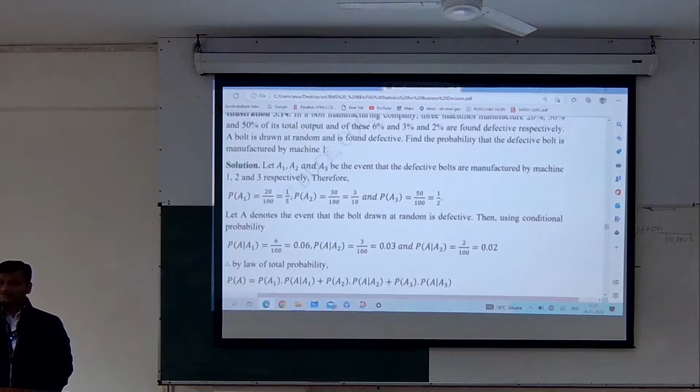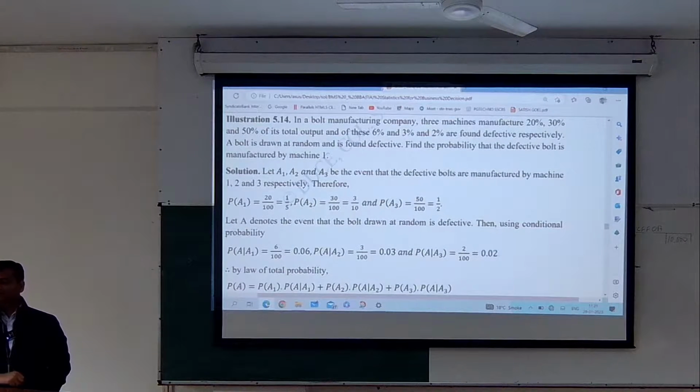We can take another example. There is a company that has 3 machines. The 3 machines manufacture 20, 30 and 50% of the total output, and out of these 6, 3 and 2% are defective basically.